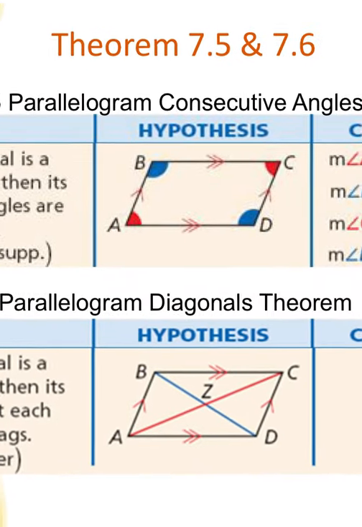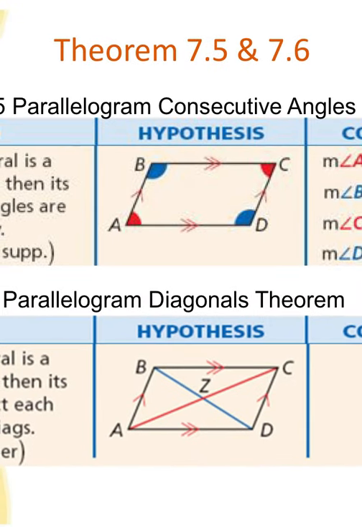7.5 and 7.6, the parallel consecutive angles theorem and the parallel diagonals theorem. The consecutive angles theorem says that if there's two angles and they're next to each other in a parallelogram, they're supplementary. In other words, if you add them together, they equal 180. So, let's take angle A, for example. Samantha, what's an angle that's next to angle A?